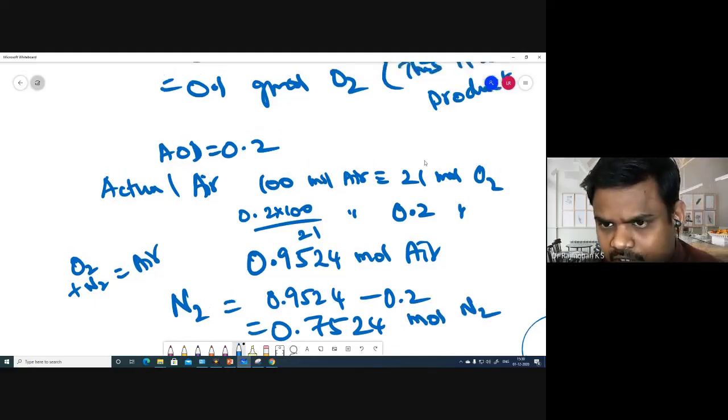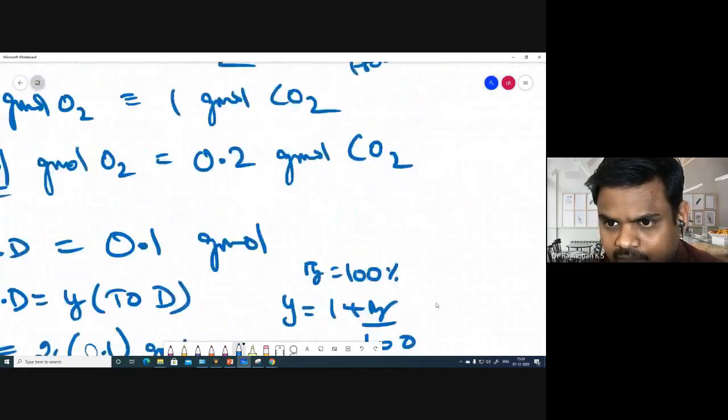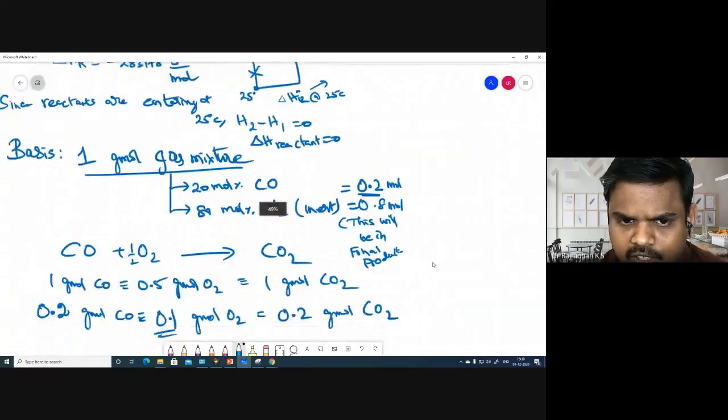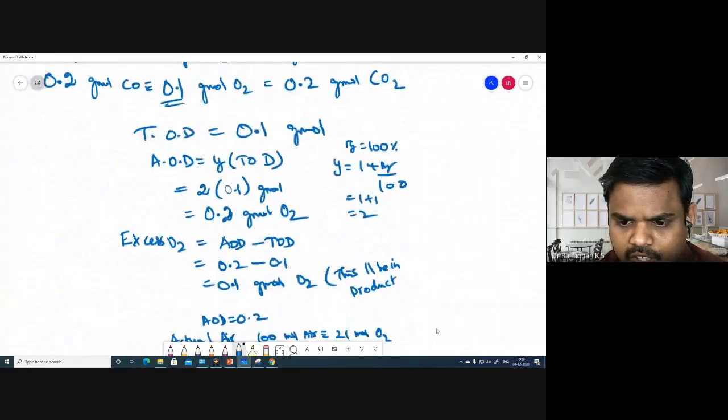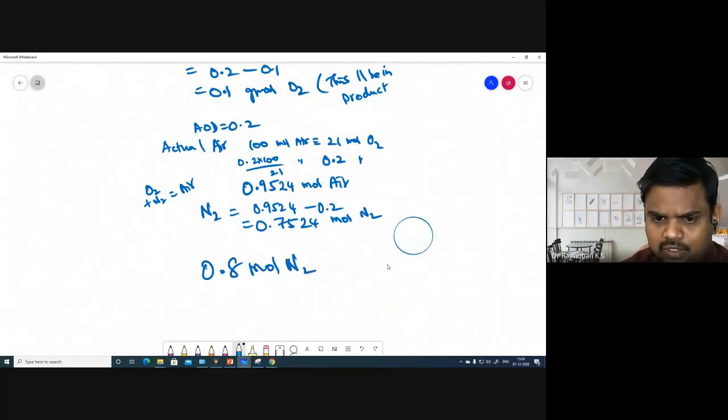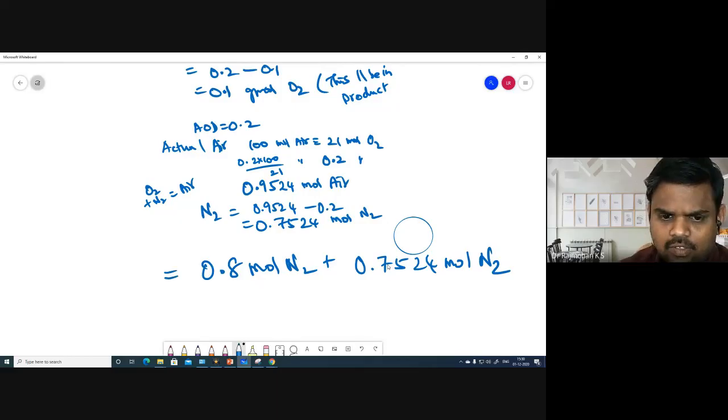Then what is this? We have already seen the feed itself has nitrogen. We have seen that feed contains 80 mole percent nitrogen, which is 0.8 moles, right? We have in the feed 0.8 moles. Feed has 0.8 moles of nitrogen plus air has 0.7524 moles of nitrogen. So that will be the total nitrogen entering the system.